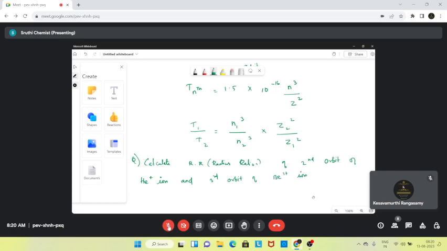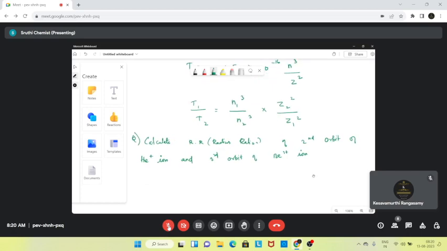This is the question. From this you have to solve what they are asking, students. I'll give you the formula: R1 by R2 is equal to N1 squared divided by N2 squared into Z2 divided by Z1.